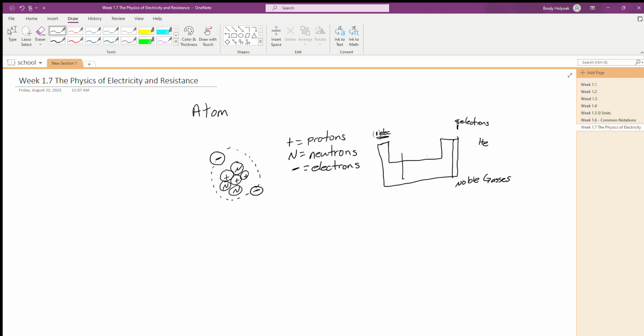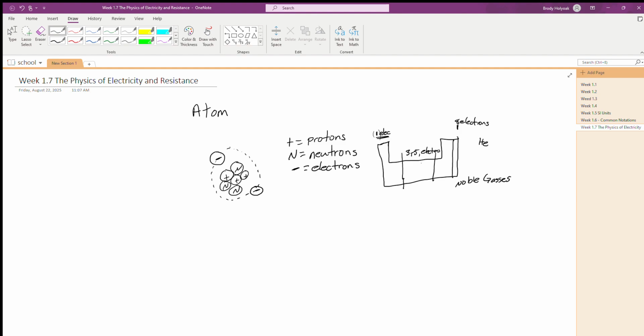In the center section, these are the elements that we work with most. This has 3 to 5, maybe 6 electrons sitting in there. These are our metals. They are willing to accept an electron or they're willing to get rid of an electron.